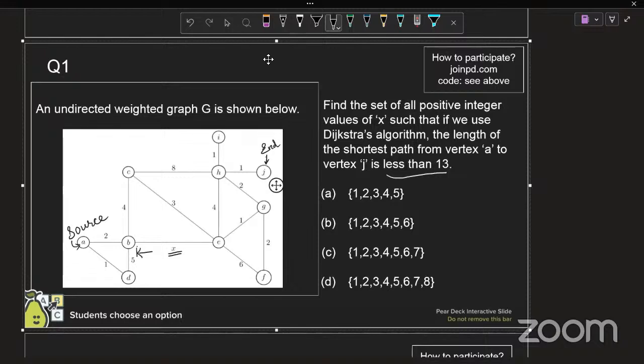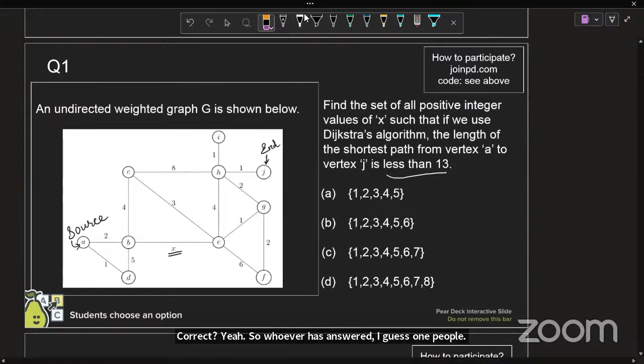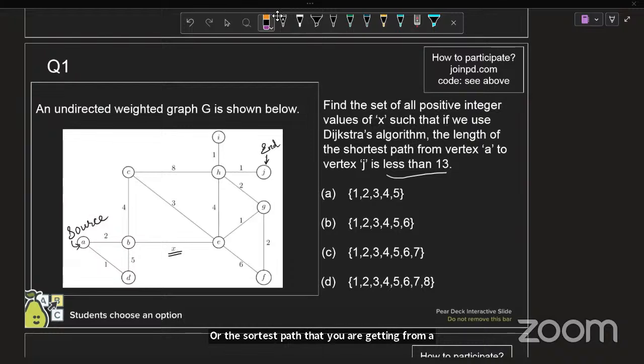So whoever has answered, I guess one person. So after removing X, you can apply the Dijkstra algorithm and then check what is the length that you are getting, or the shortest path that you are getting from A to J. Okay, so many people are saying option B. I guess option B is the correct option. Should I solve this problem? Yeah, you can go ahead, Abhishek.